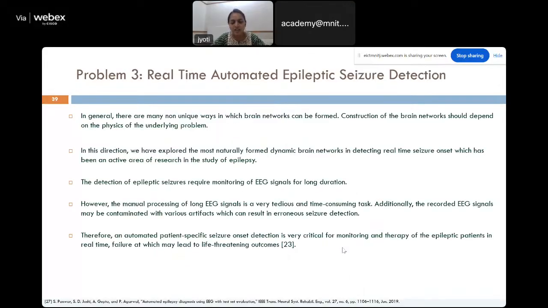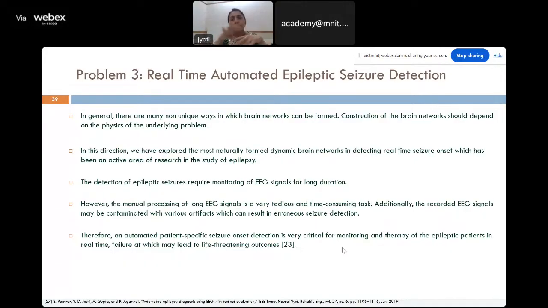Now, extending this work, we have extended it to real-time automated epileptic seizure detection. How are we doing it? First of all, in the previous situation we just looked at correlation coefficient matrices. We were just finding the linear relation between electrode 1 and electrode 2.